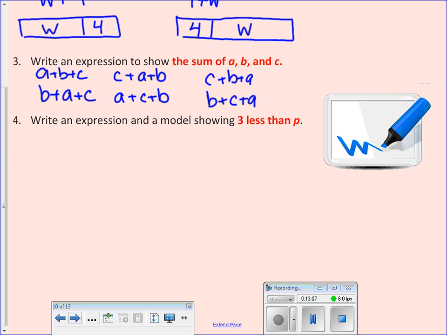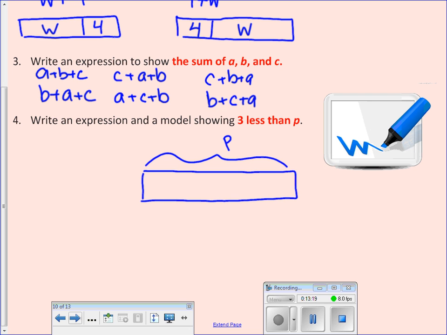What am I starting with and taking away from? Everybody? P. They said P. All right, so my quantity that I'm starting with is P. I'm taking away 3. So P minus 3. It asks for an expression and a model. So P minus 3.